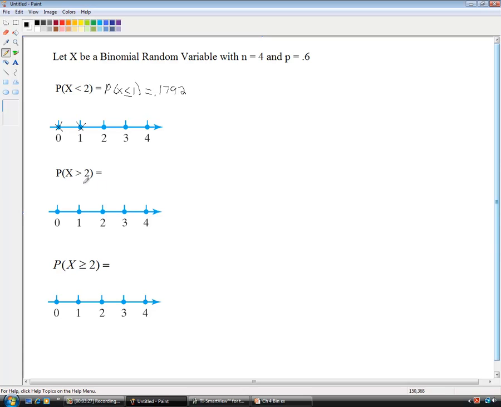Alright, now if we're dealing with strictly greater than 2, we want the values of 3 and 4. So these are the only values we want right here. So we're going to subtract off everything else. The only way we can do that is with the CDF. So we're going to calculate this value here and do 1 minus it. So it's 1 minus the probability that x is less than or equal to 2. Or 1 minus the binom CDF where the k value is 2.